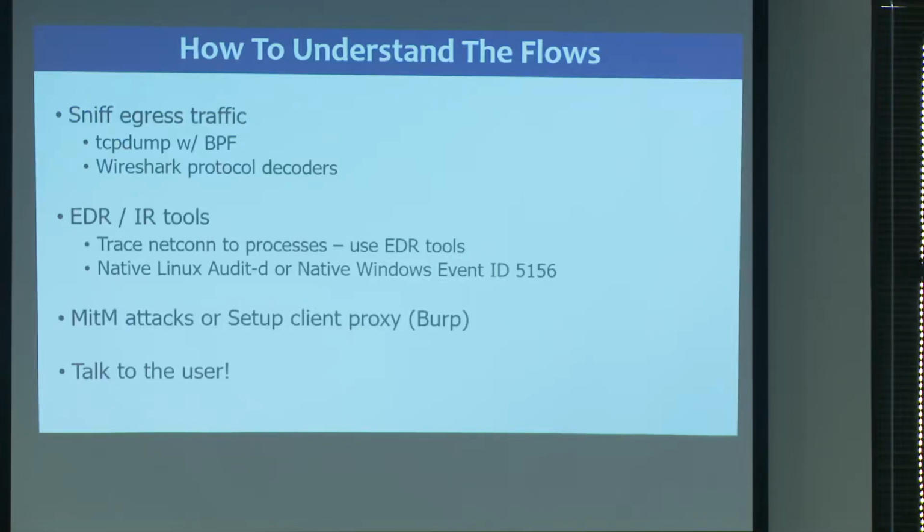If you don't have that visibility, or to augment that, you can also use endpoint detection and response tools like Carbon Black, for example, or something else that can tell you which process made that connection. If it is word.exe, probably okay. If it is checksum.exe, perhaps you want to look into that. And if you don't have tools like that, you can just use the native logging on the OS. So Windows Event ID 5156, you can collect that and extract the data, or turn on Linux auditing.